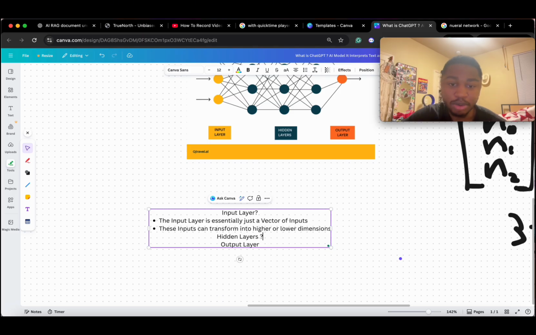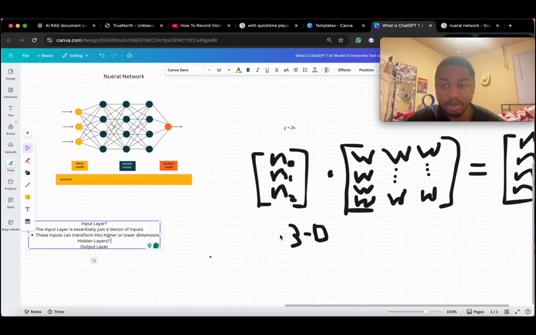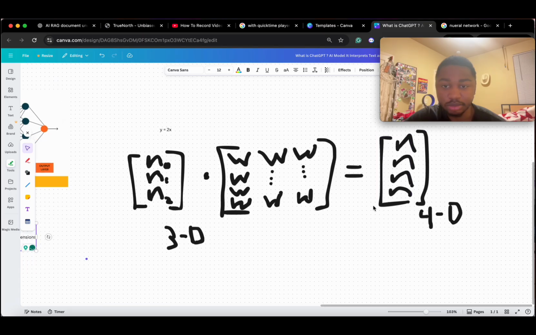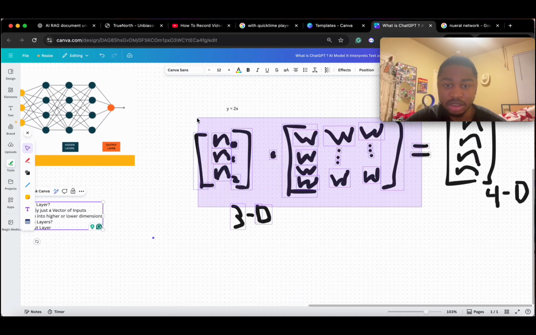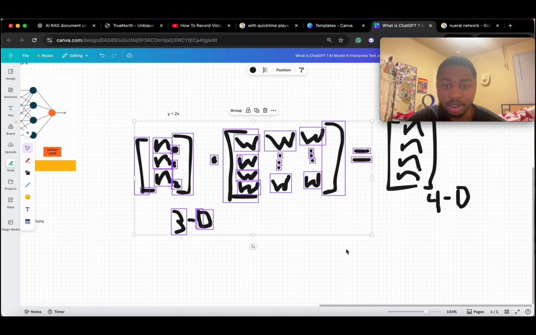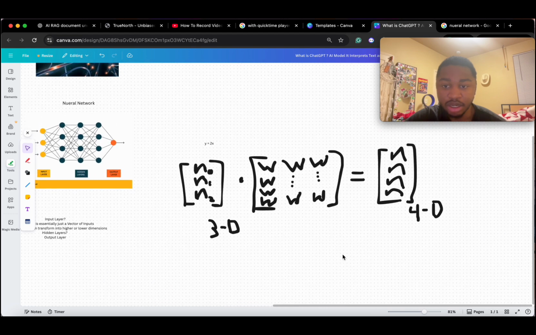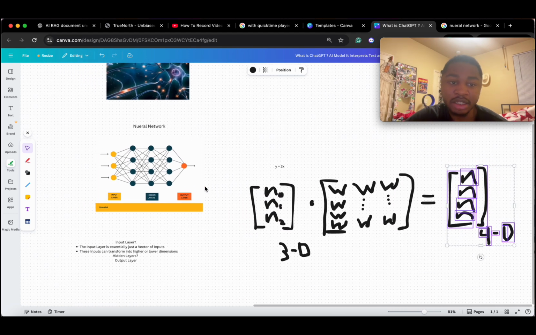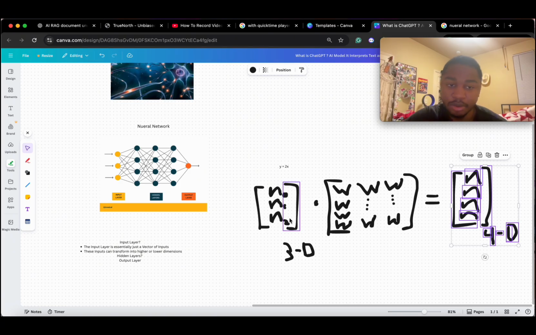So let me talk about hidden layers. I'm going to go a little bit more in depth. This is essentially the model of how it works, but I'm omitting one key detail. It doesn't just multiply weights to a neuron, it adds something called a bias, right?